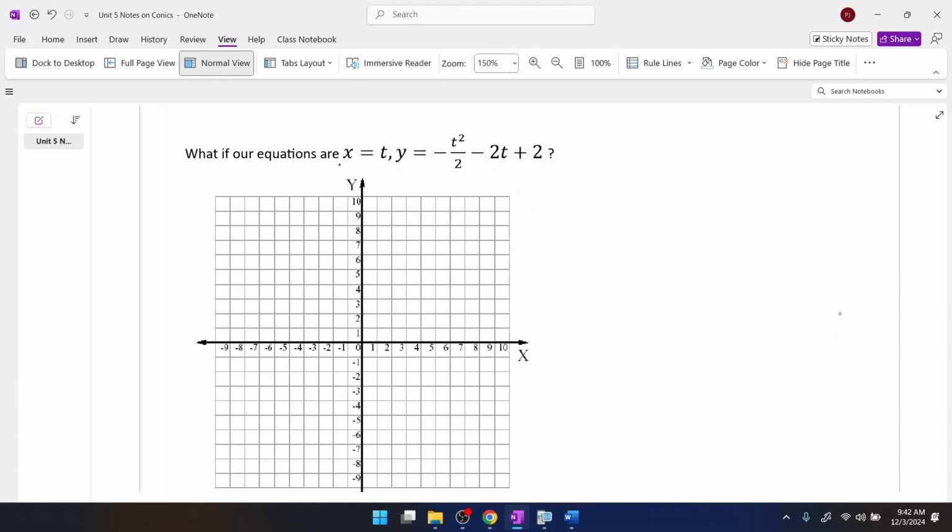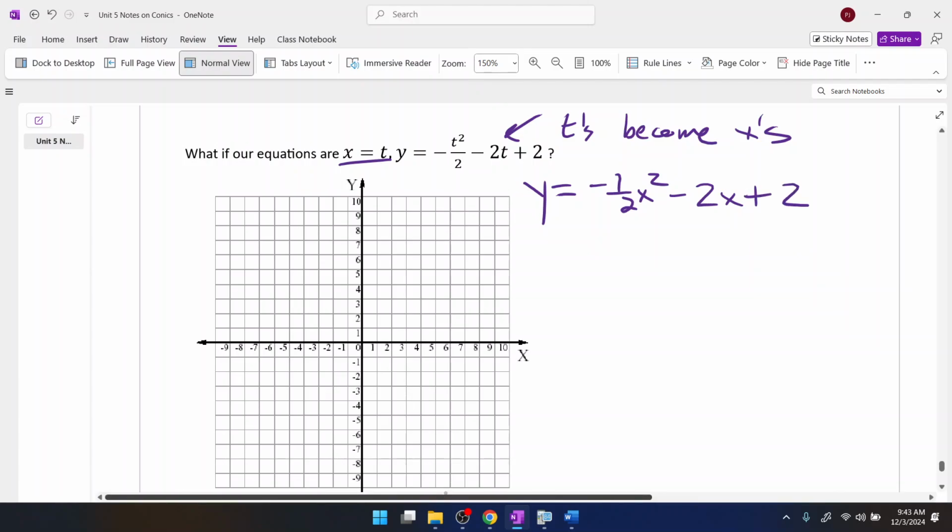So basically, since you already have x equals t, these t's will become x's. So you have y equal to negative 1/2 x squared minus 2x plus 2. So you get to complete the square and all that good stuff and plot that.